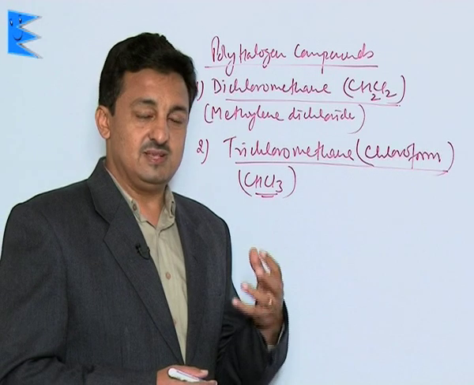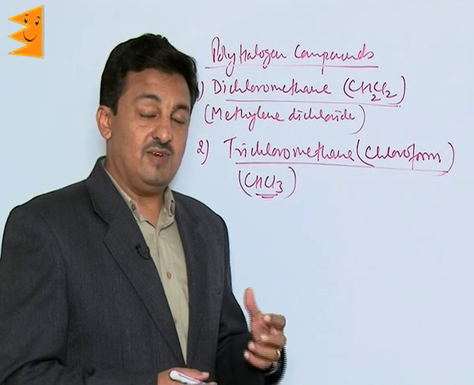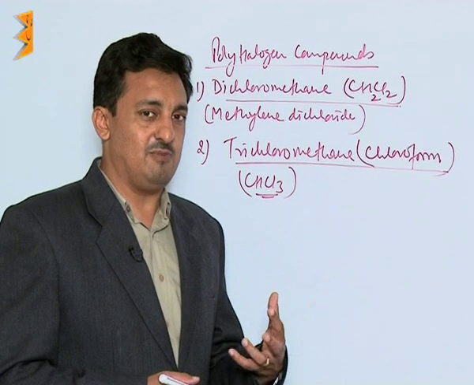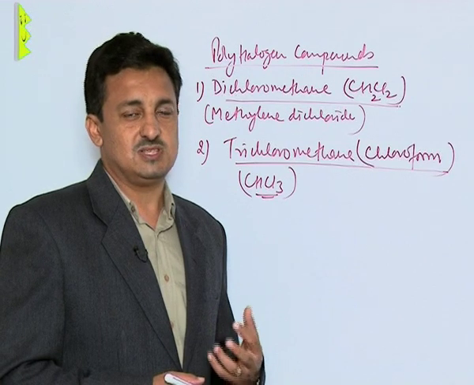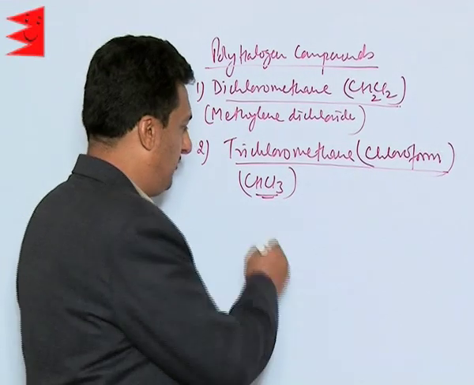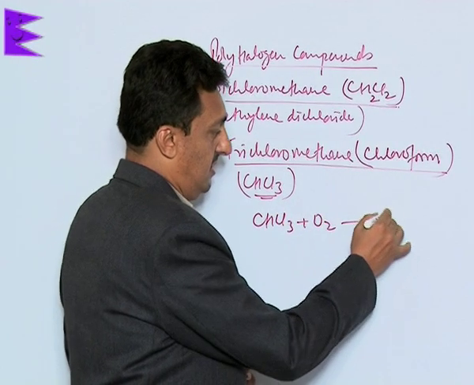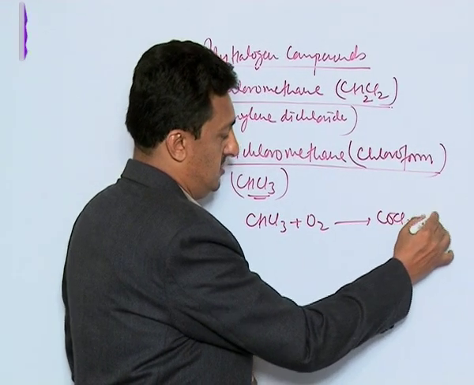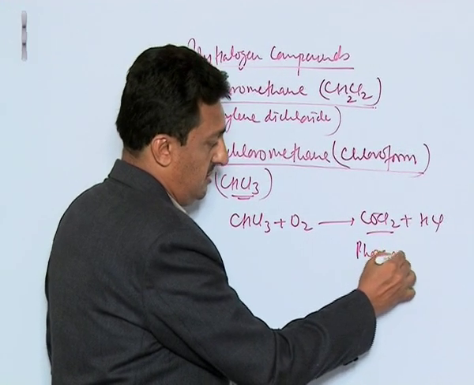When inhaled in a small quantity, at a concentration of 900 ppm, it causes unconsciousness. And when inhaled in excess, it may lead to death, because its accumulation in the liver leads to the formation of a highly poisonous substance called phosgene. When chloroform is exposed to air, it forms COCl2 and HCl; COCl2 is called phosgene.